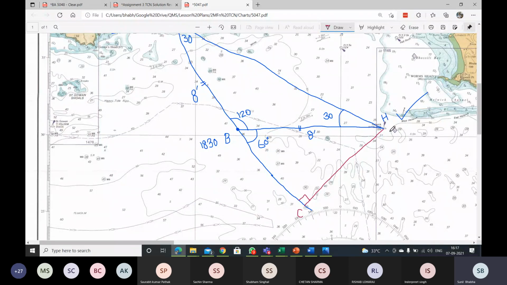Now beta, have a good look at this triangle HBC. This angle is 60 degrees. Side BH is 8 miles. Is there a way that we can find out side CH, the red color side? Sin 60.